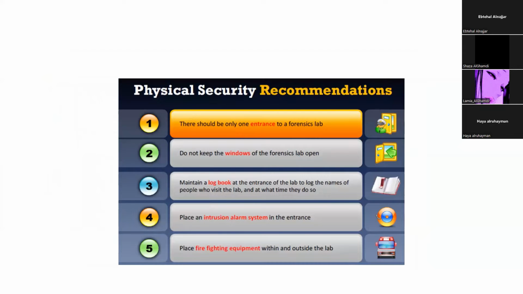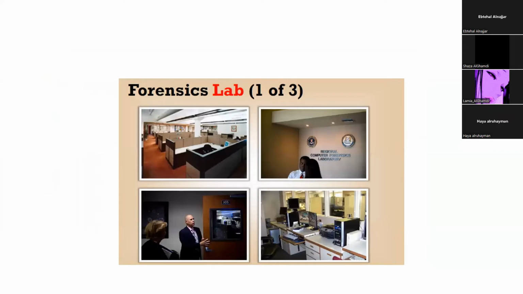So this is how forensics labs look. You'll have maybe something like this. This is the forensic lab for the Department of Defense. As you can see, they have camera systems. They have desks for the engineers, and each desk is equipped with different tools.